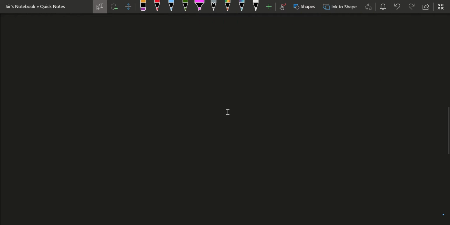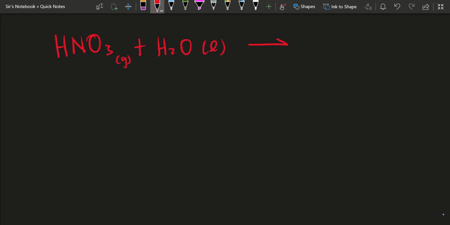Okay, so let's take a couple more examples. Consider nitric acid, HNO3. I react nitric acid with water. What does nitric acid and water form? Nitric acid and water will form NO3 minus.